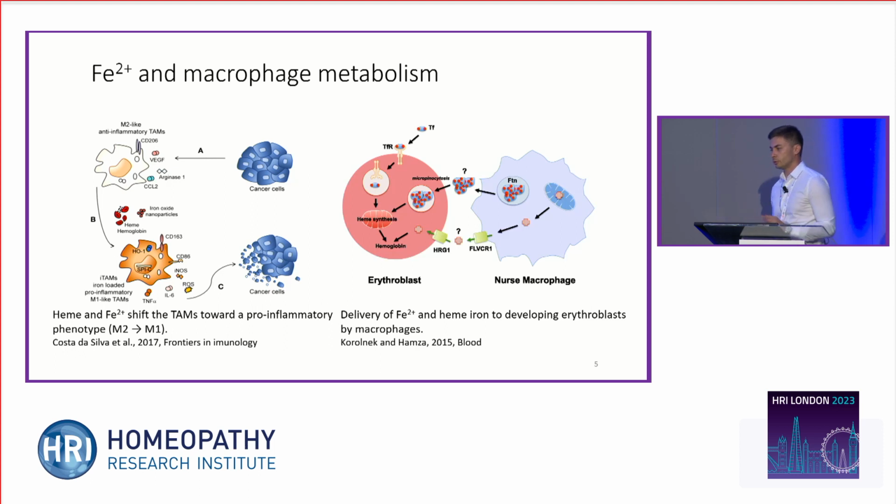From a different point of view, so-called nurse macrophages, as cells involved in the recycling of erythrocytes, may serve as an alternative source of heme iron for the new erythroblasts. They may deliver iron or heme iron in different forms, papers show.